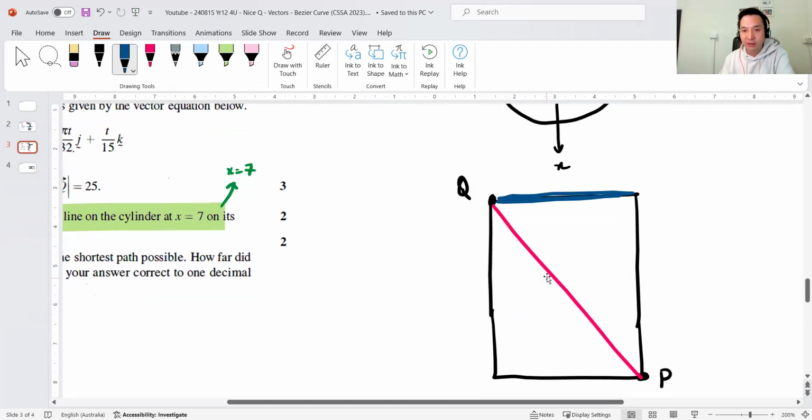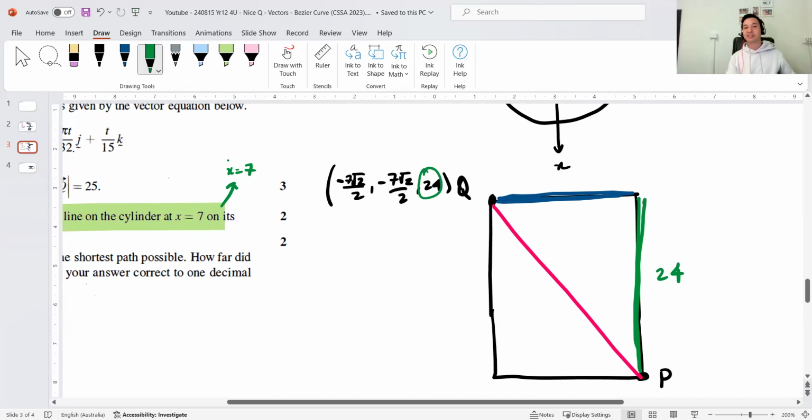And I know, because the coordinate of Q is -7 root 2 on 2, -7 root 2 on 2, 24, that this height here, and I'll use a different color, must be 24, because it equals the Z value of its height. So I know that's 24.